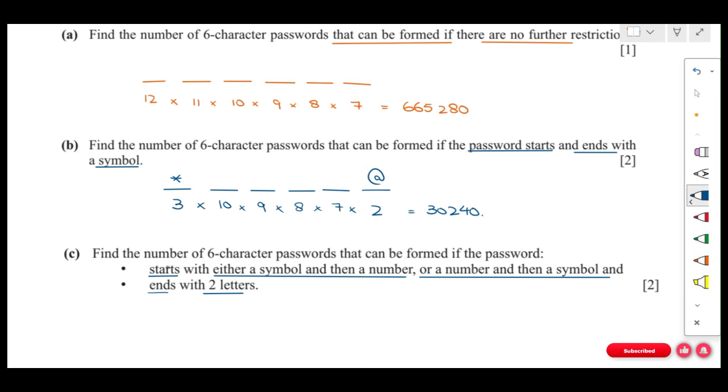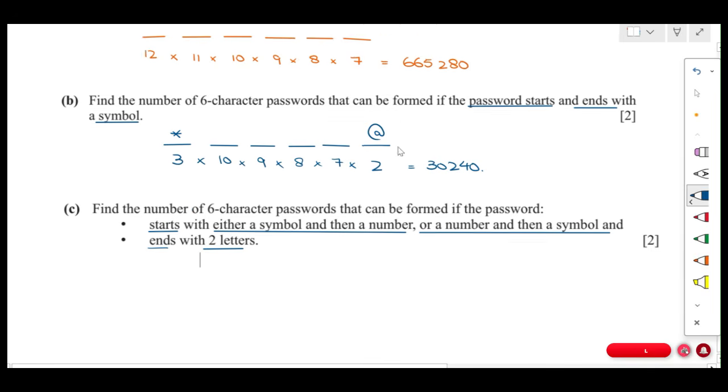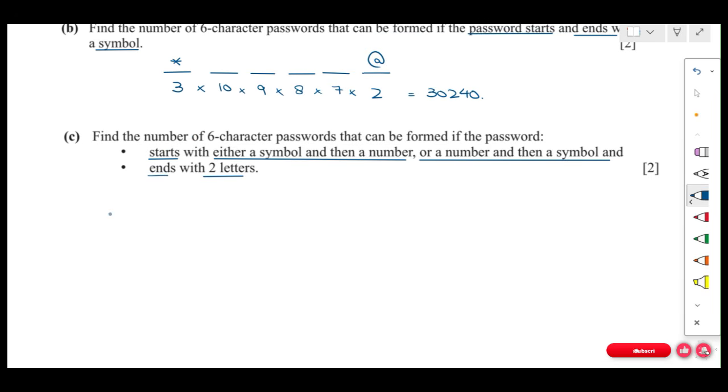Okay, so the start option is given and the end option is given. So there are 2 cases. So the start, 1, 2, 3, 4, 5, 6. This either or, there are 2 options. Either this or this. 1, 2, 3, 4, 5, 6.